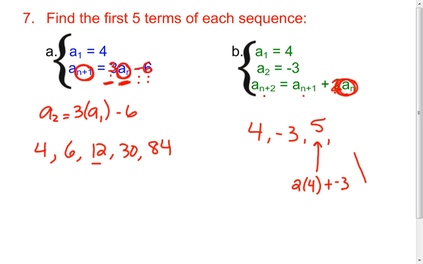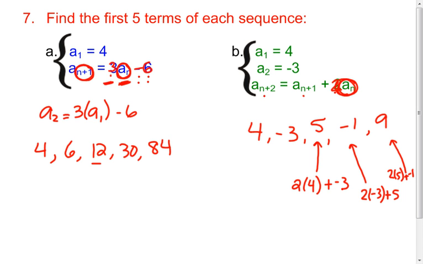To find this spot right here, I would take 2 times negative 3, add the next term to it, which is 5. So 2 times negative 3 is negative 6, plus 5 is negative 1. Then to find this term, I will take 2 times 5 and add the next term to it. So 2 times 5 is 10, plus negative 1 is 9.